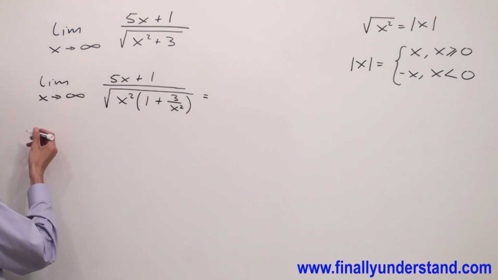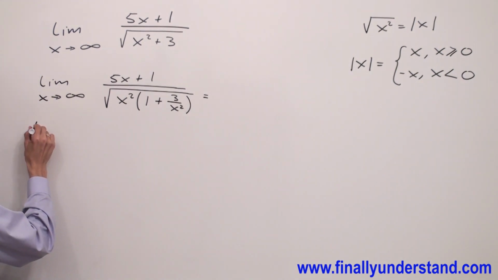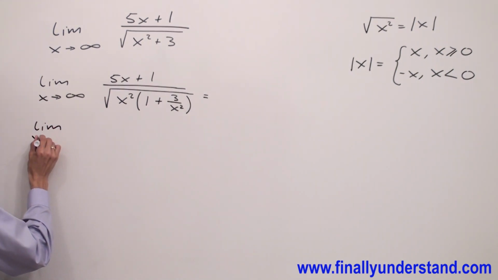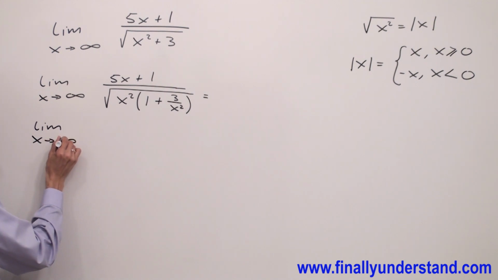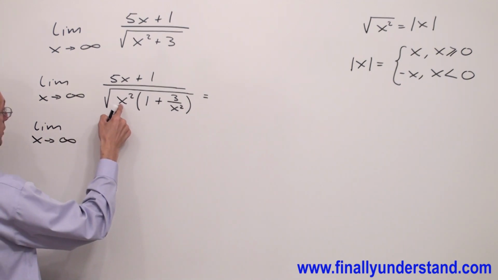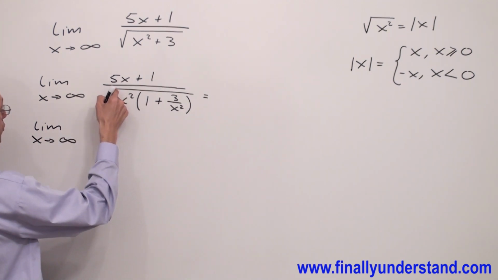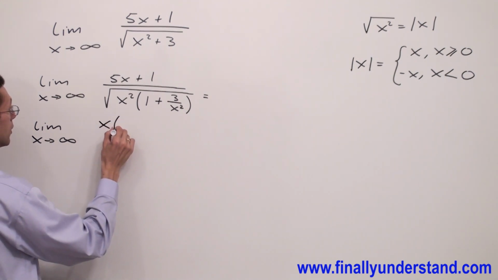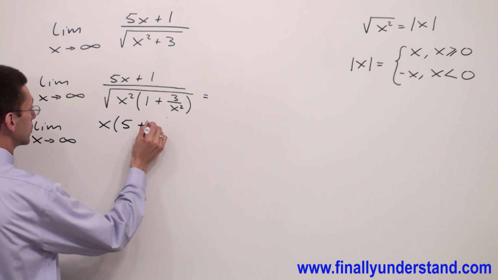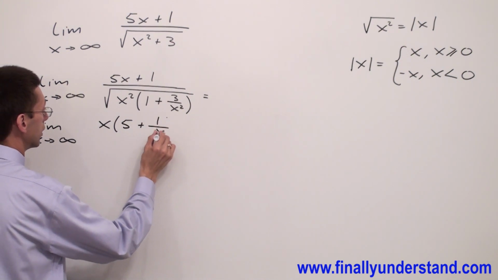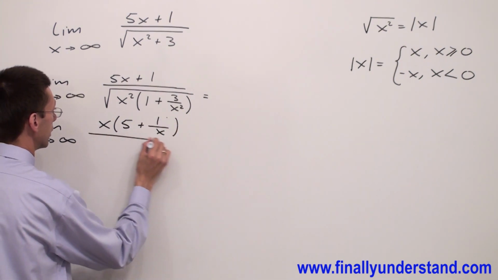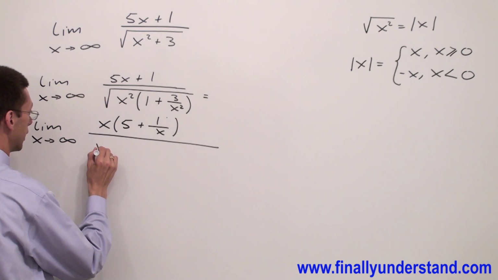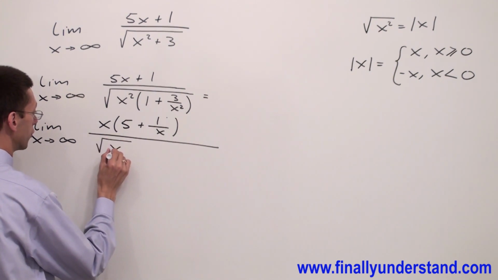Next, let me rewrite this problem one more time. I have x goes to infinity, and because I factorize x in the denominator, I'm going to also factorize x in the numerator. I have x times (5 plus 1 over x) over square root of x squared.